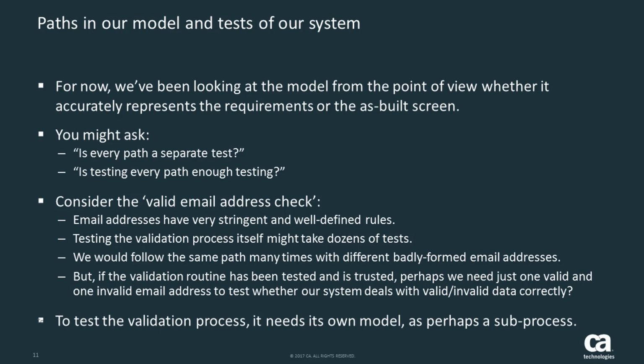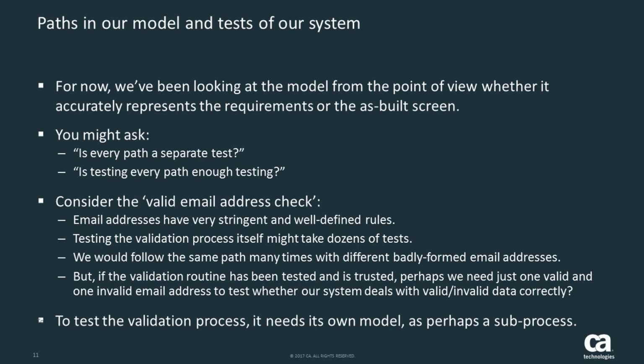But each time we run one of those tests, we're following actually the same path many times with different badly formed email addresses. So one path, an invalid email address, for example, might require many tests if we are testing the validation routine.